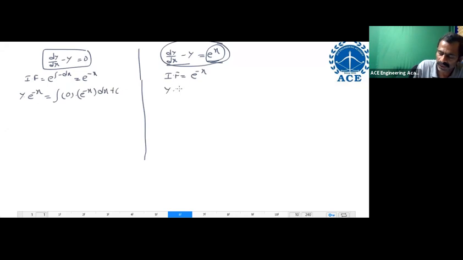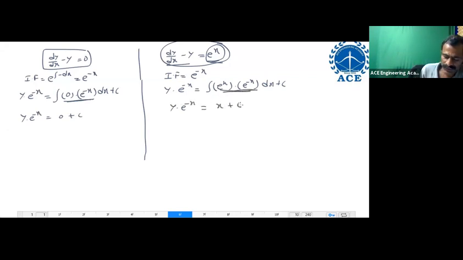For the first, y e power minus x equals the integral of 0 into e power minus x, which is 0, plus c. For the second, y e power minus x equals the integral of e power x into e power minus x dx, the product is 1, and the integral of 1 is x, plus c.